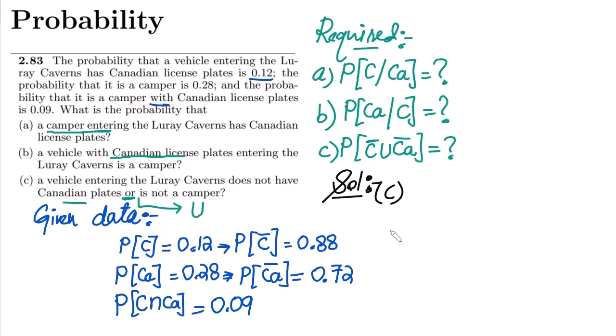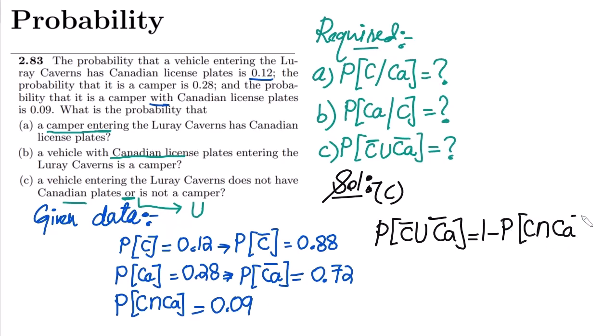Part C, we have to find out the probability that it doesn't have Canadian plates or it is not a camper. So we have to find this one. In order to find it out, we know the formula, and that is basically 1 minus P of C and CA. Again we have the probability which is given, and let me write it here.